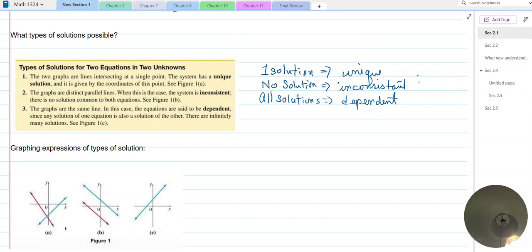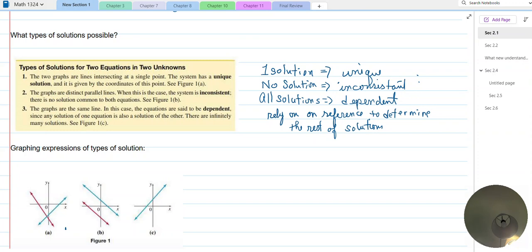Okay, so there's a difference in that, so that all solutions, when they're called dependent, rely on one reference to determine the rest of the solution. So we're learning a lot now. We're learning how many solutions, and that we can have none, and that happens sometimes.